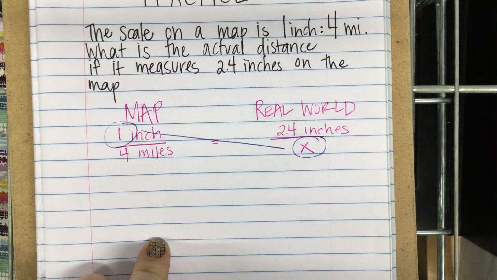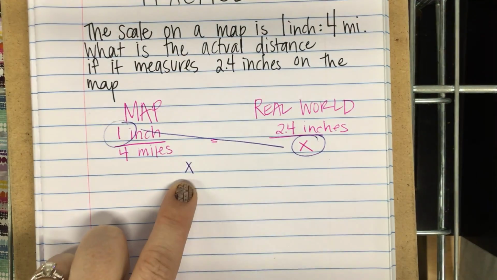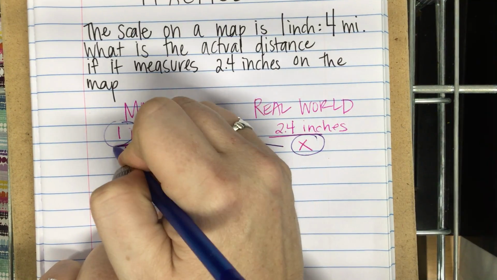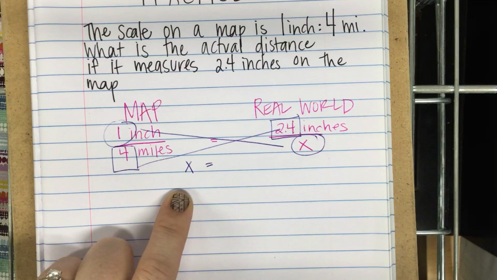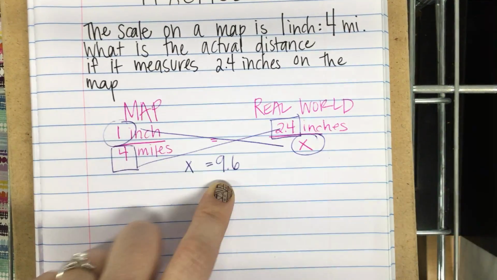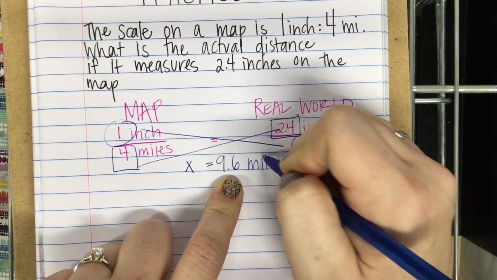I can cross multiply. What's 1 times x? 1x. Can I just put x? Yeah, you can. Equals 4 times 2.4. 9.6 what? Miles. Not squared.